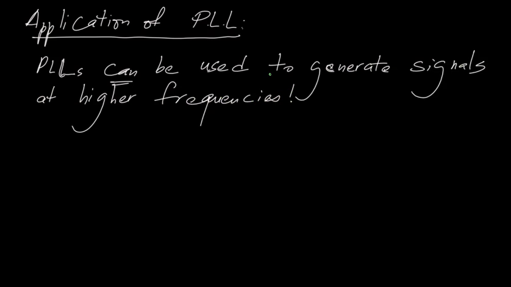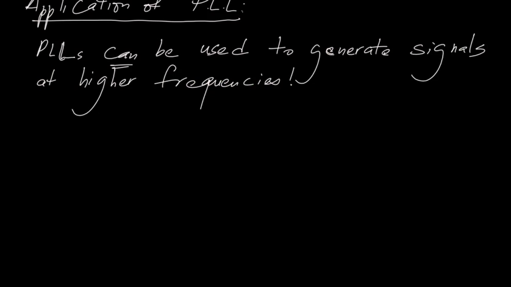We know that we can take a square waveform and then make it slower. But now what we're going to do is take a PLL and generate a signal at a high frequency. Here I'm going to just show you how we can double the frequency. So let's take my phase detector.